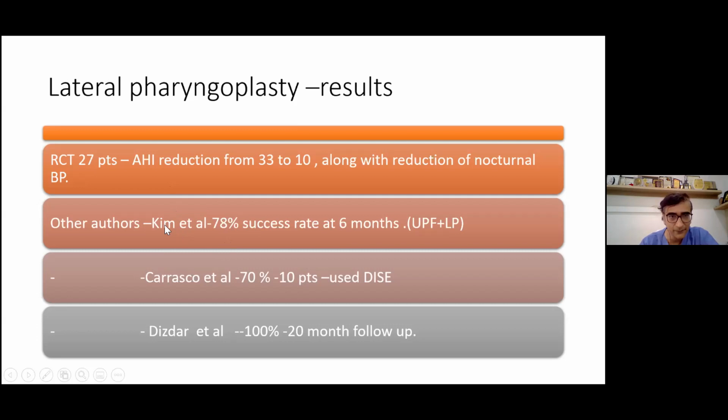Professor Kim from Korea has a 78% success rate when we combine the uvular palatal flap, which I just showed you, and lateral pharyngoplasty. My dear friend Maria Carrasco from Spain also has a 70% success rate. There is a 100% success rate with Disdar et al. at 20-month follow-up. So lateral pharyngoplasty, I think, is a fantastic procedure.